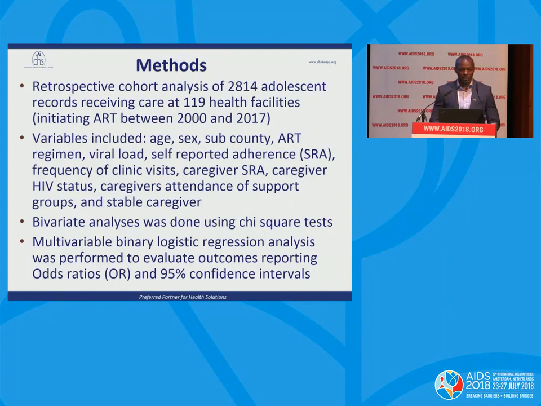We did a retrospective cohort analysis of 2,814 adolescents receiving care in 119 health facilities between the years 2000 and 2017. We evaluated various variables, including age, sex, the sub-county, ART regimen, viral loads, self-reported adherence, frequency of clinic visits, and caregiver factors such as their self-reported adherence, HIV status, attendance of support groups, and whether they had a stable caregiver.